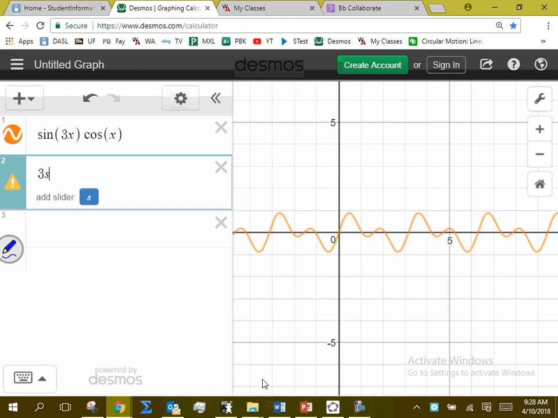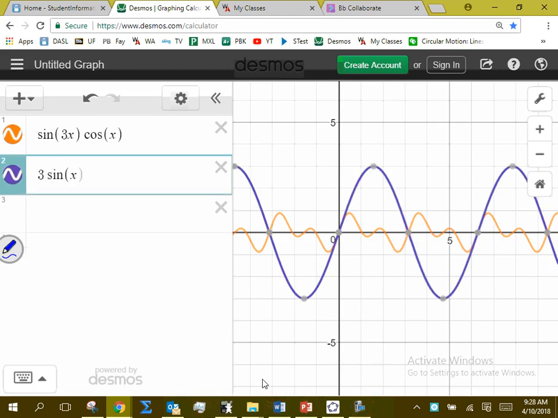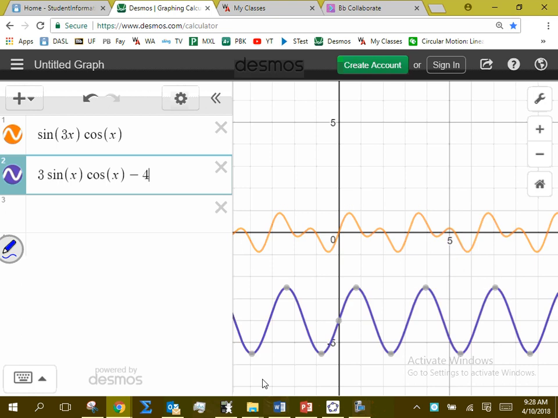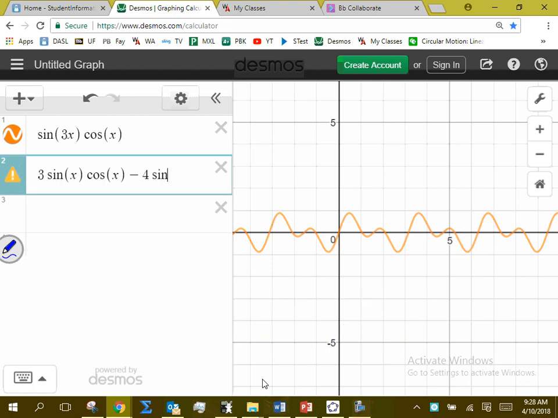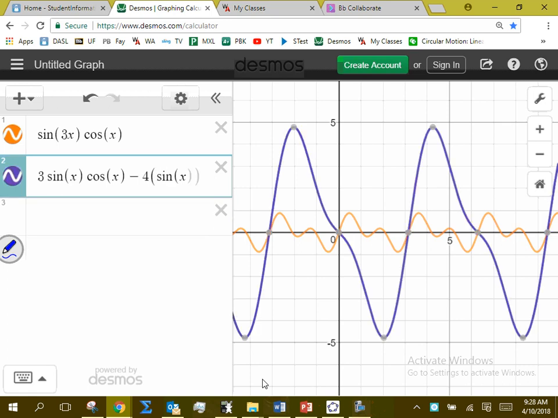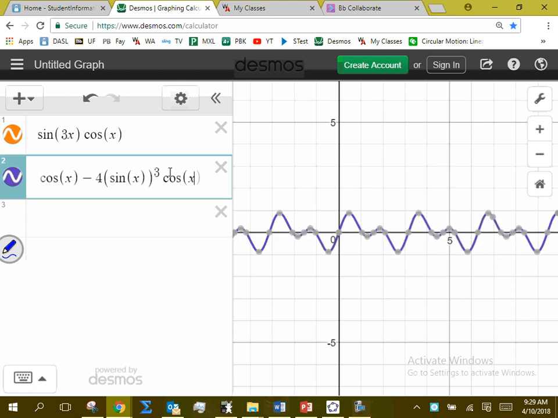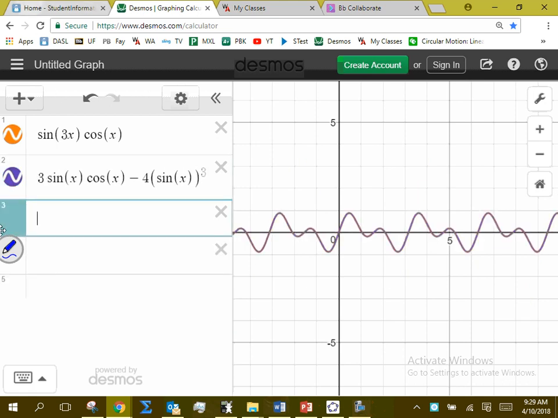Yeah. And then minus 4 sine cubed. Desmos doesn't know what sine cubed looks like when I type it in with an exponent right here where my cursor is. So I have to do it this way. And then it was cosine x. And we see that the orange and purple curves are identical, right? Okay.